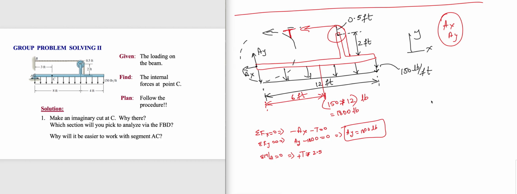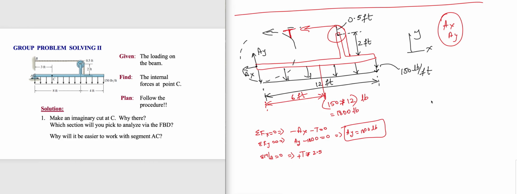T times 2.5. Then what else? Moment with respect to A. T is done. AX, AY, they are at A, so they can be neglected.